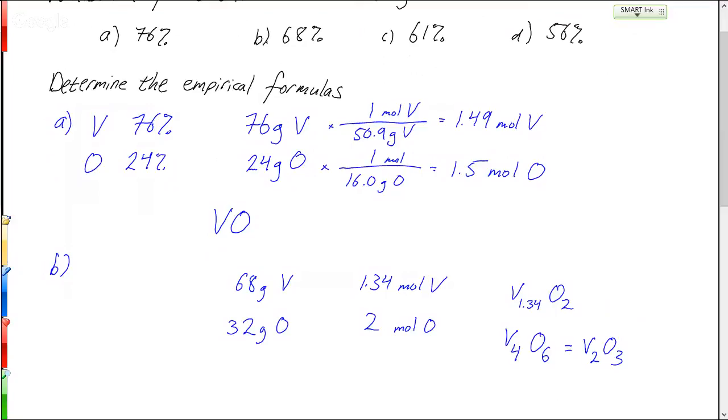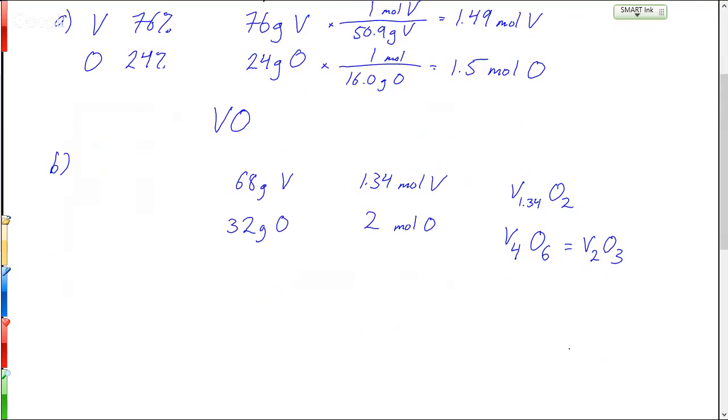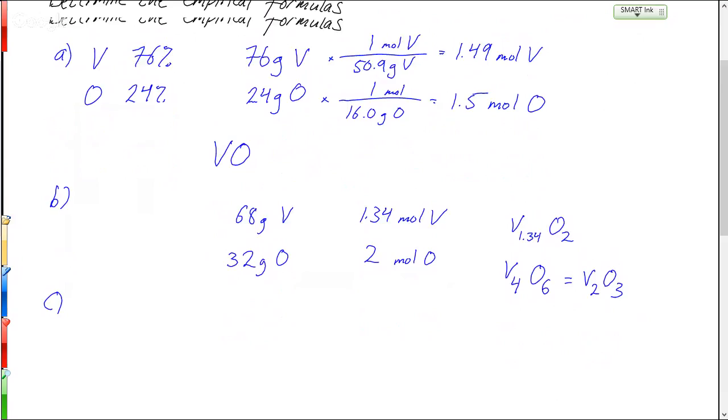You want to keep going to the other ones, or is that good? Yeah, let's do C. Okay, let's do C. So in this case, what was C? 61? Yeah.